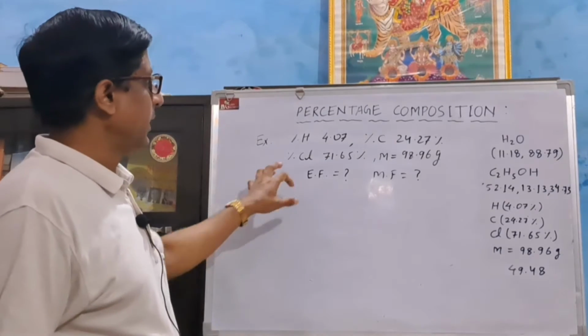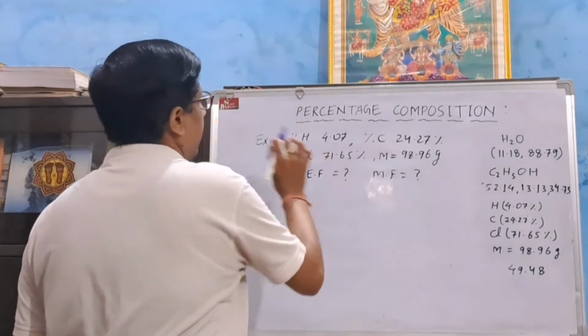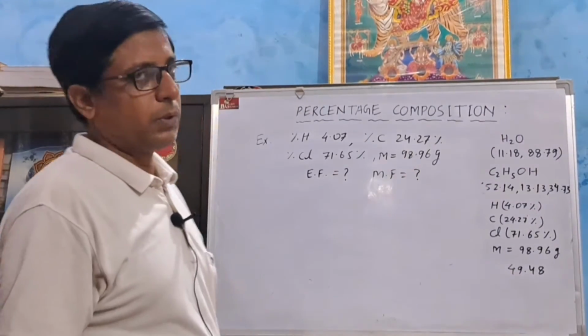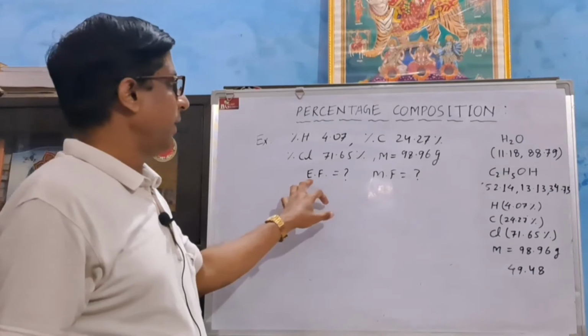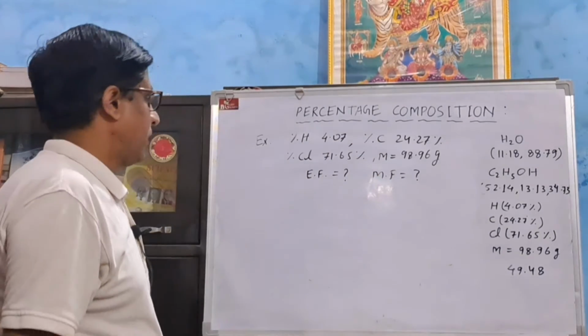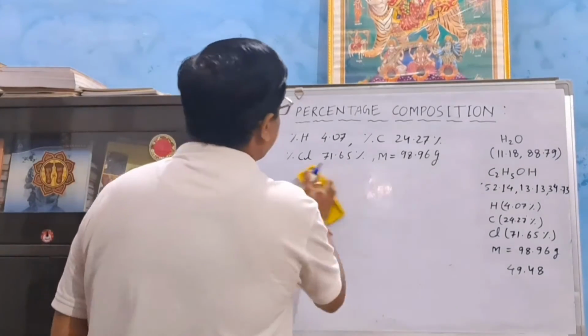The question is clear. Percentage of hydrogen, carbon and chlorine in the compound is given. Molar mass of the compound is given. We have to find the empirical formula and molecular formula. How can we obtain them?